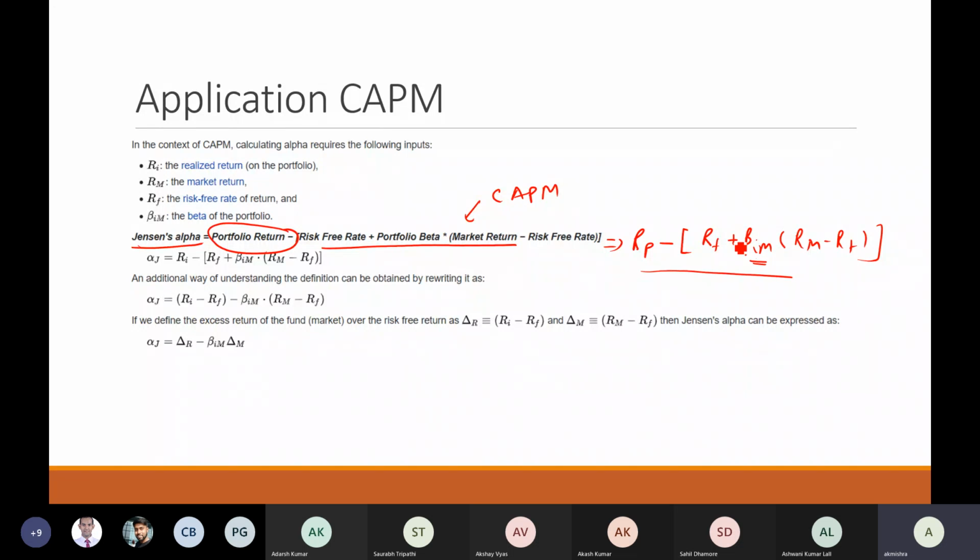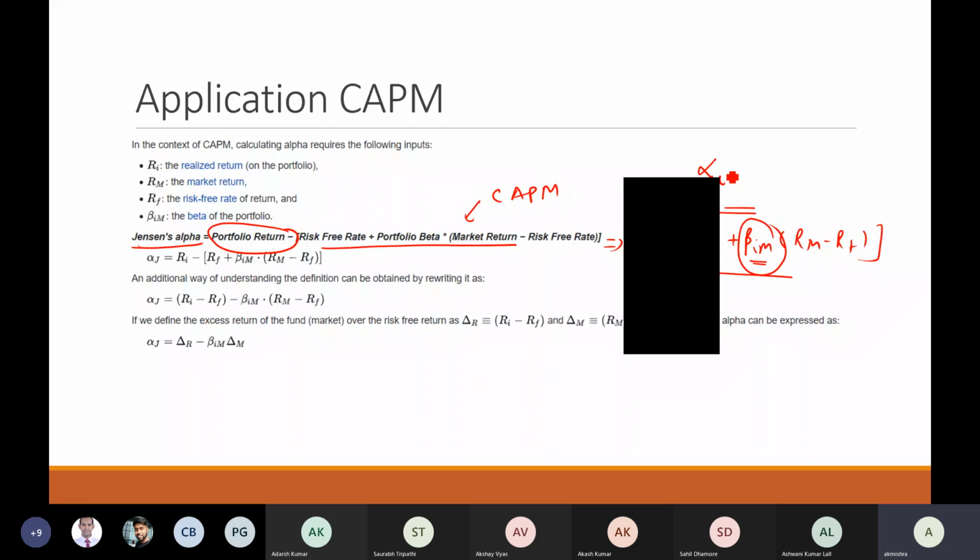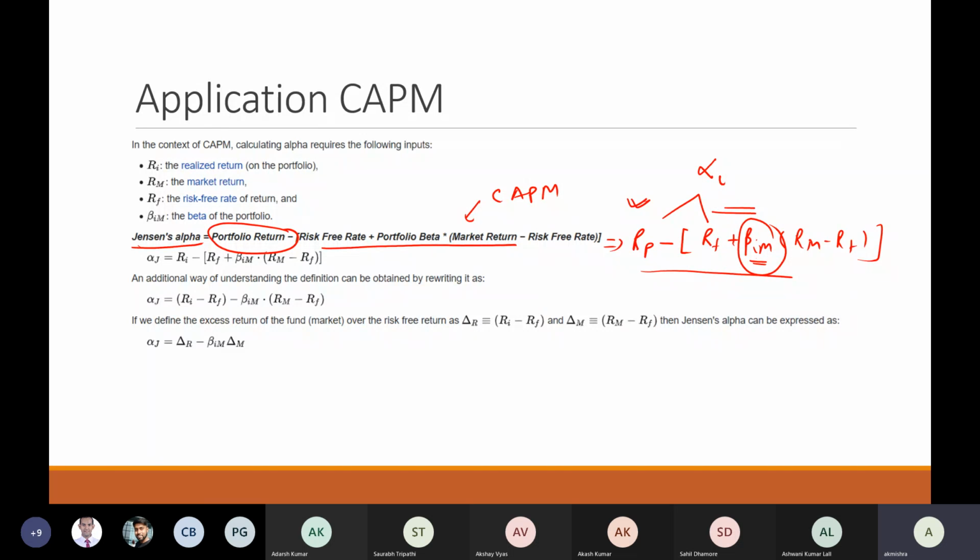So this is basically excess return. If you remember, this is what you have realized, what you can observe, and versus this is what ideally you should go for, bearing this systematic risk. So the difference between these two is nothing but alpha I, or we call it Jensen alpha.